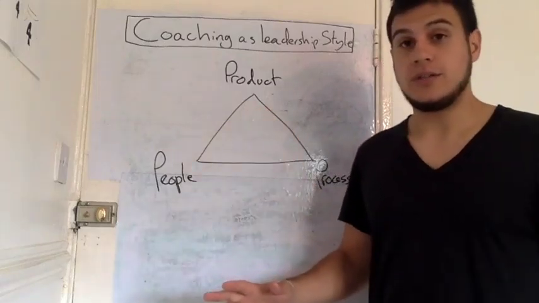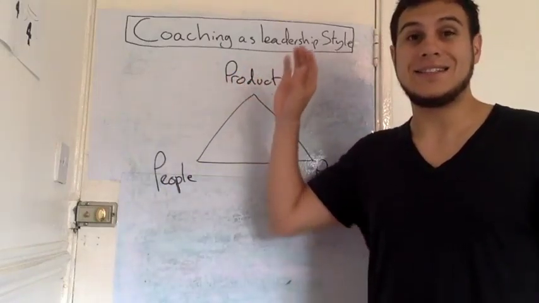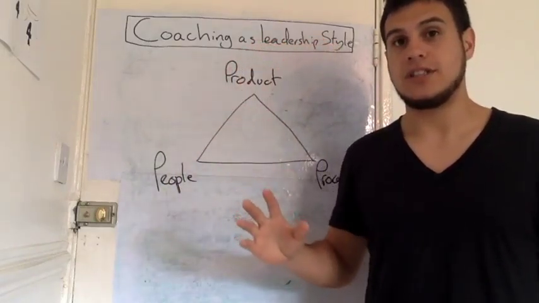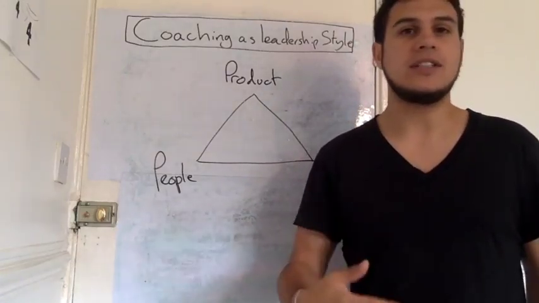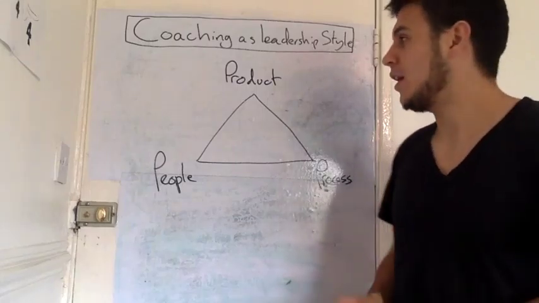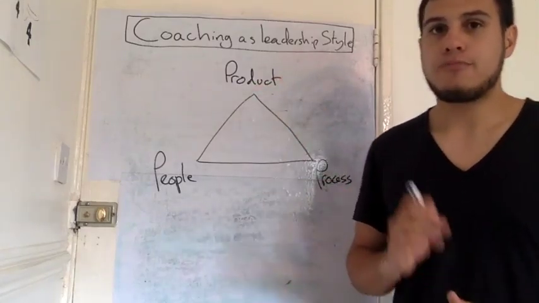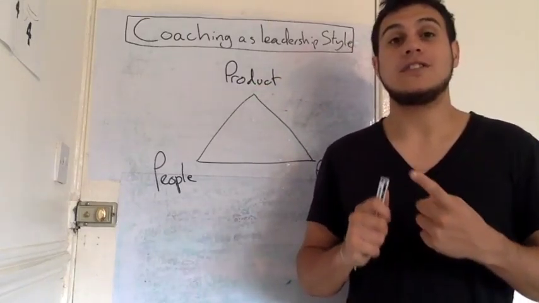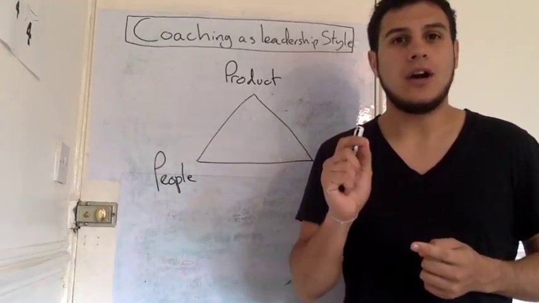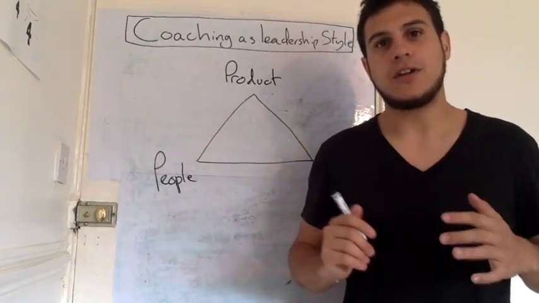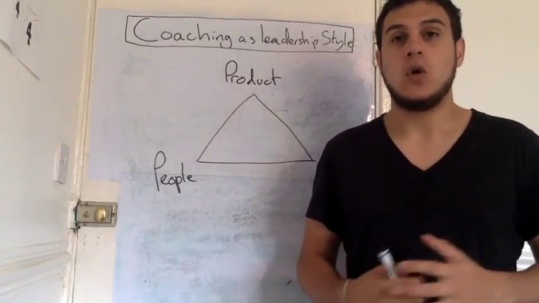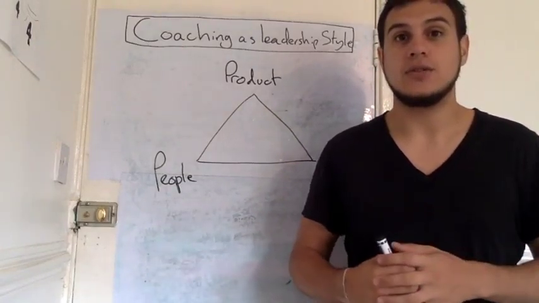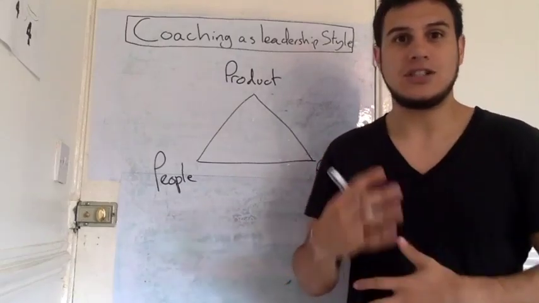So coaching places product as its highest priority. However, coaching understands product in a way we don't necessarily understand it in EYP. Because for coaching, product could be the development of a soft skill. It's whatever outcome we are aiming for. So for example, there's a chairperson and they want to get better with certain communication skills or certain social skills or certain leadership skills.